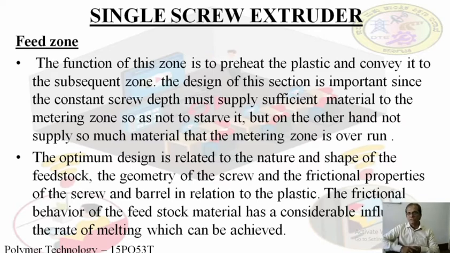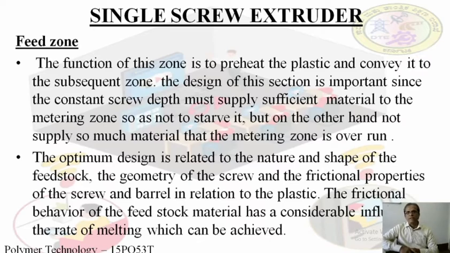The design of this section is important since the constant screw depth must supply sufficient material to the metering zone so as not to starve it, but on the other hand not supply so much material that the metering zone is overrun.